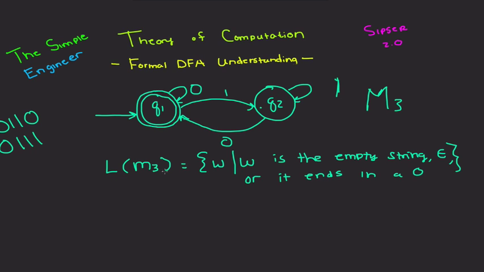So the language that M3 is going to recognize is anything that feeds in the empty string, which is nothing, so I stay in the initial state, or any string I feed in that ends in a 0. So this is basically how you describe the language accepted by the DFA.